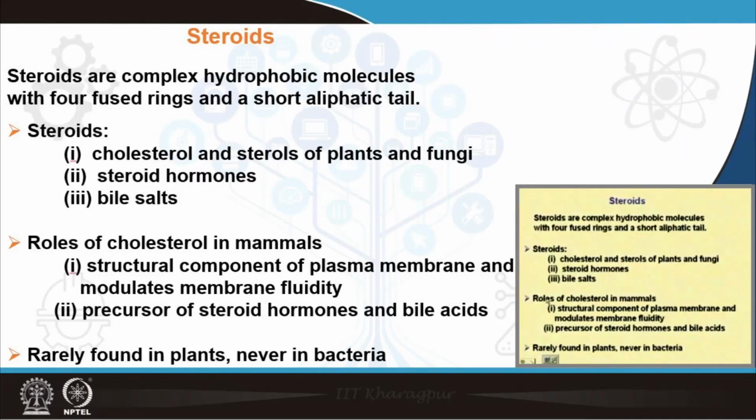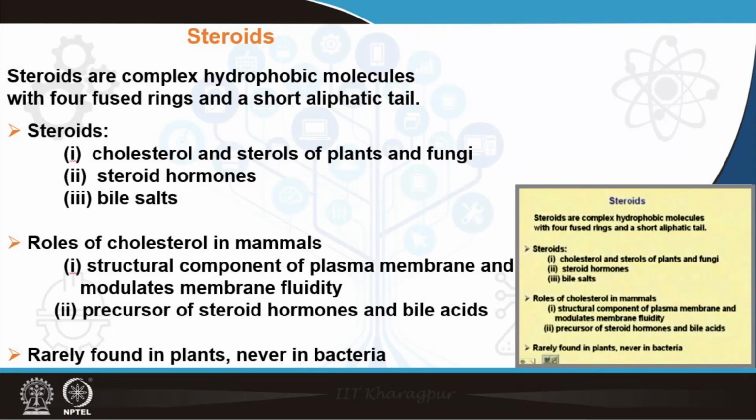Now, what are the roles of cholesterol in mammals? You know that fat is good for you. Not all cholesterol is bad. You need some fat, you need some cholesterol also. The roles of cholesterol in mammals are that it acts as a structural component of the plasma membrane and modulates membrane fluidity.